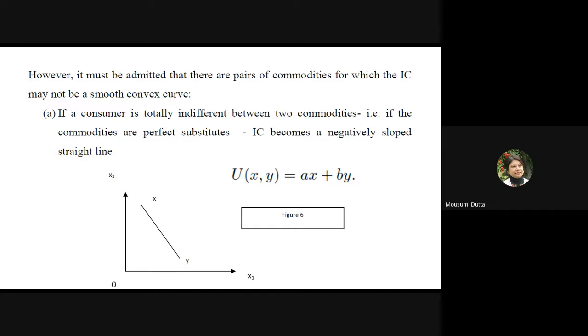However, it must be admitted that there are pairs of commodities for which the indifference curve may not be a smooth convex curve. The first case: if a consumer is totally indifferent between two commodities, that is, if the commodities are perfect substitutes, the indifference curve becomes a negatively sloped straight line.